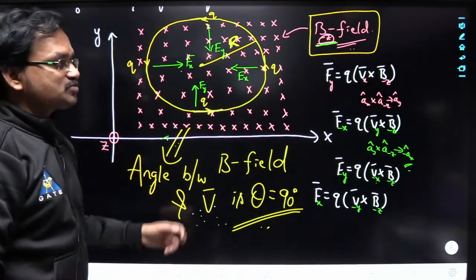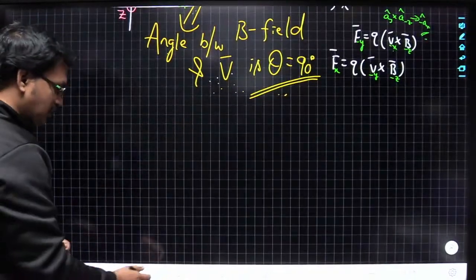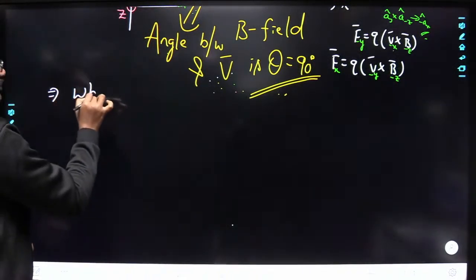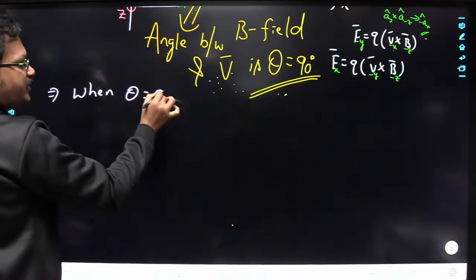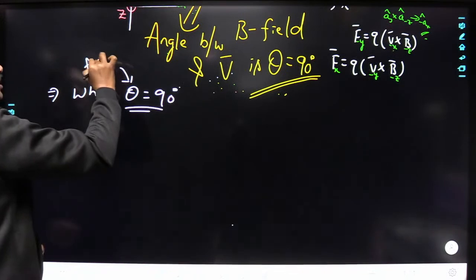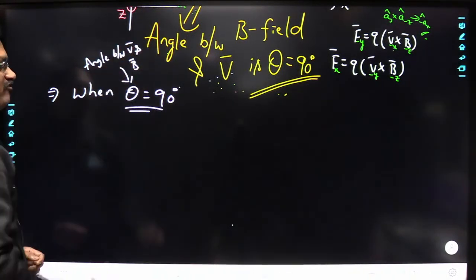Right? Okay. So this point is very, very important here, so note it down. When theta equal to 90 degrees, it is the angle between V bar and B bar.